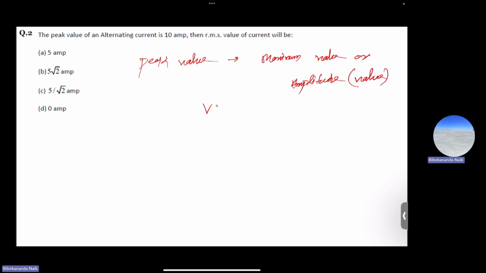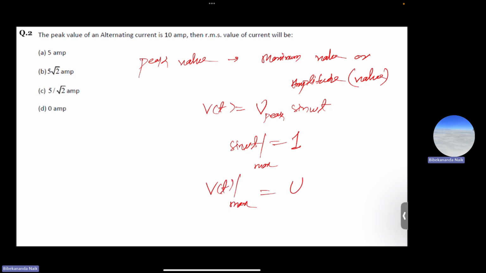So in general we write V(t) equals V peak sin omega t, because the maximum value of sin omega t is 1. So the maximum value of V(t) is V peak. However, what is RMS value?